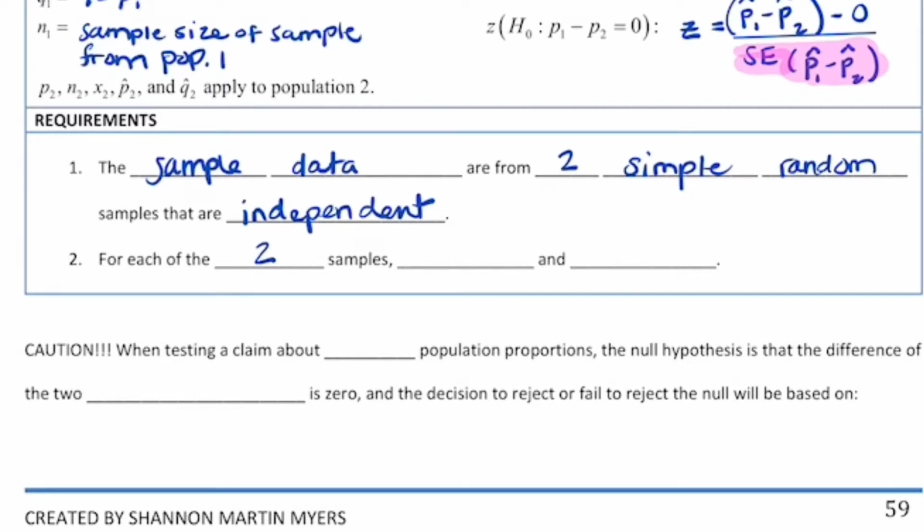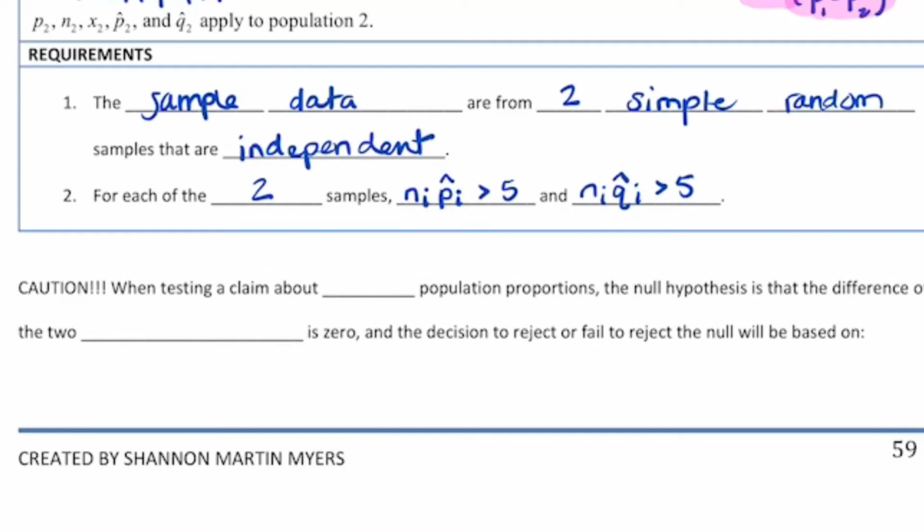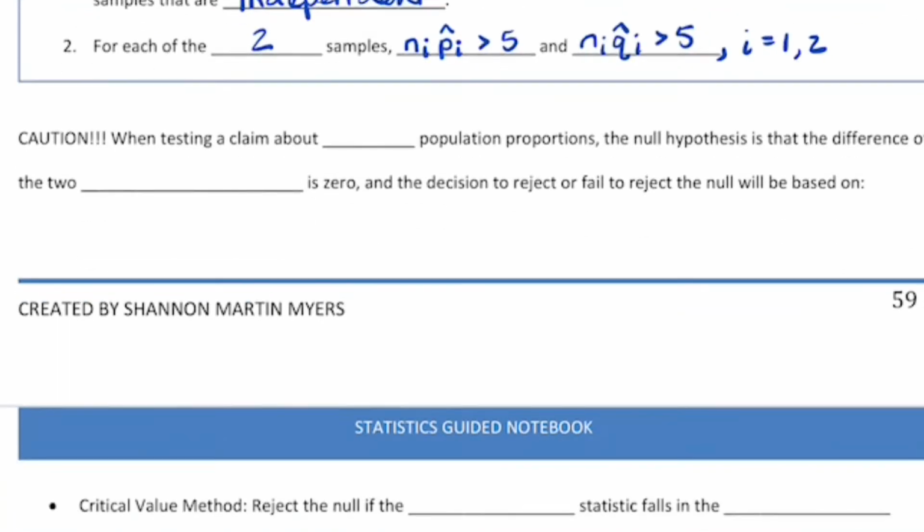We'll go ahead and say that since we have 2 samples, Ni times P hat i has to be greater than 5, and Ni times Q hat i has to be greater than 5. But remember, some people replace that 5 with 10. The higher the number, the better it will be. And this, of course, would be for i equal to 1 and 2 because we have 2 samples.